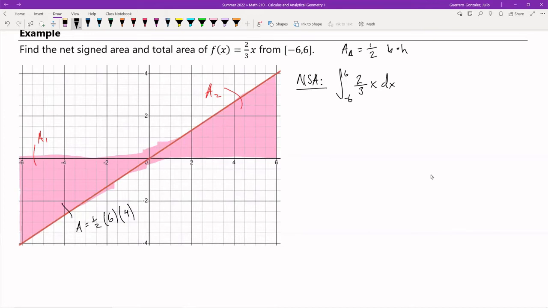Right? So that's going to be equal to 1/2 times 24, which is equal to 12. So what I have here, right, is going to be still an A1 plus an A2, right? However, A1 is negative. So this is where I'm going to do -12 plus 12. This is going to be equal to 0.